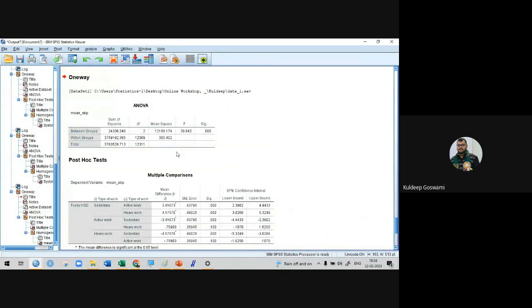Actually, I am working with 2 or 3 SPSS files.